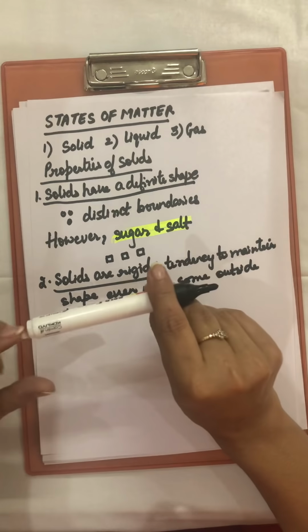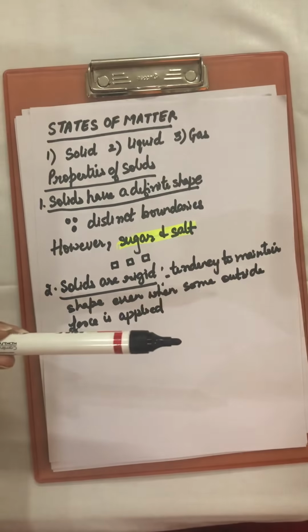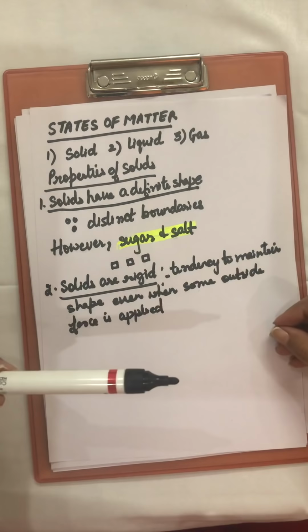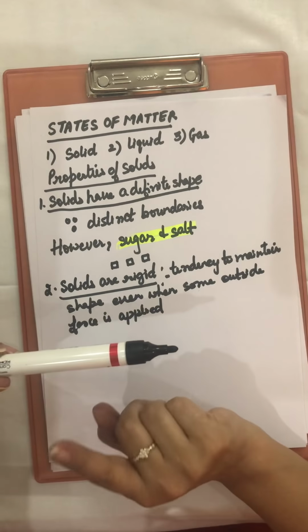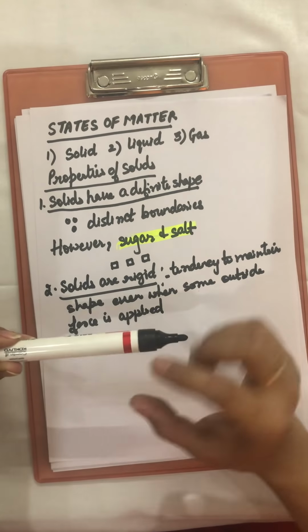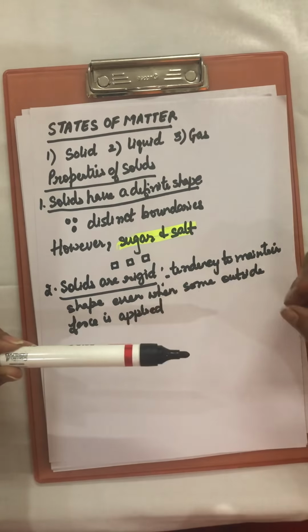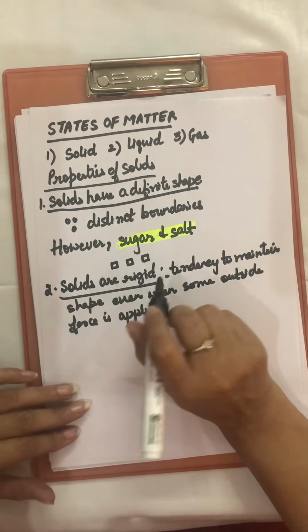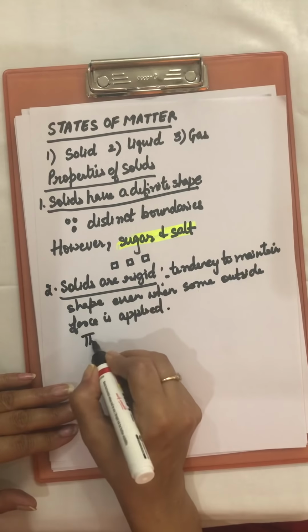Like if I take this pen and start pulling it from here, its shape will remain the same. So solids have a tendency to maintain their shape even when some outside force is applied on it. They may break.